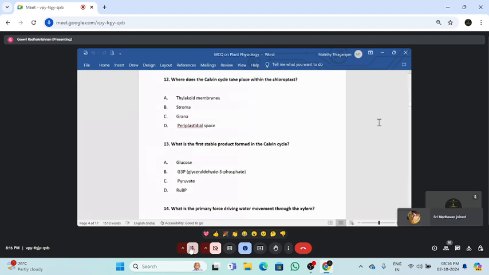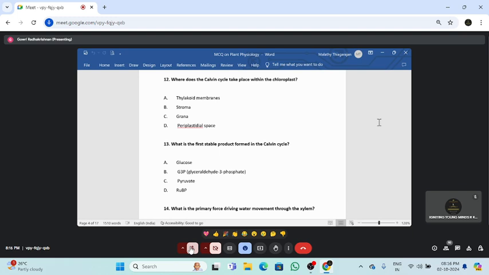Where does the Calvin cycle take place within the chloroplast? You would have studied the leaf and leaf structure and where the thylakoid, stroma, grana are all situated. You will be knowing all that, isn't it?